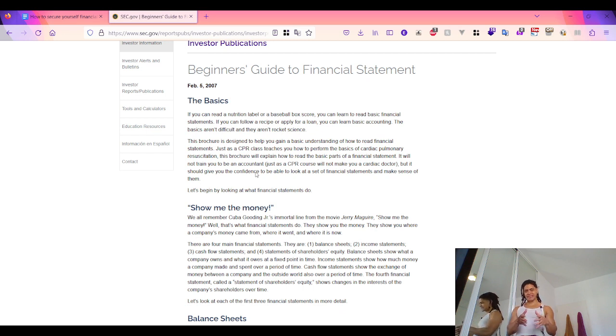You also have Alphabet, the parent company of Google, that again invests in a variety of primarily technology companies. Calico is one of them, which is focused on health and longevity.